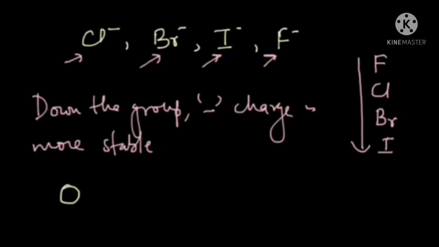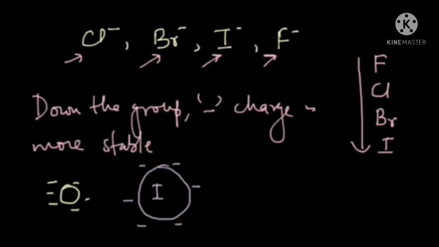So the entire negative charge has to come on this small area. Whereas if you look at the iodine atom, it has a much larger size, and therefore the negative charge has a large area to get distributed upon, and therefore it becomes more stable.